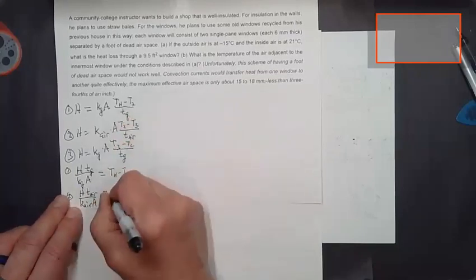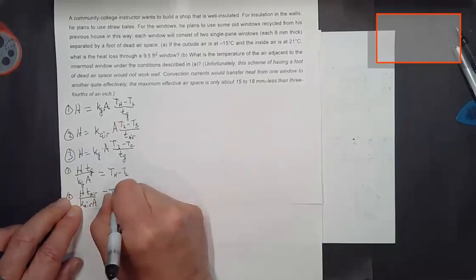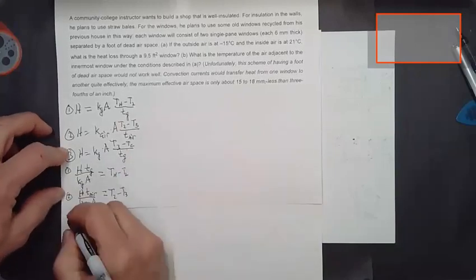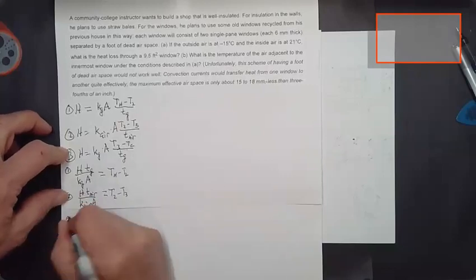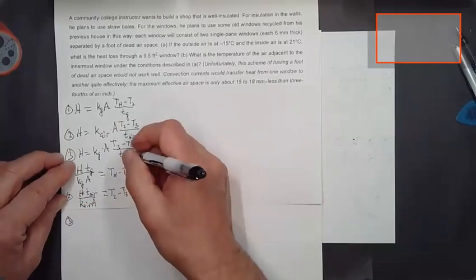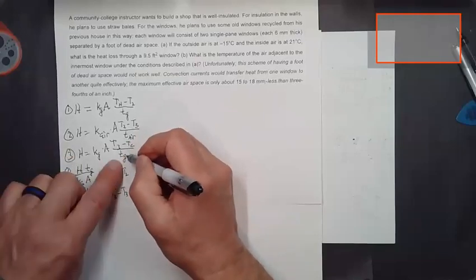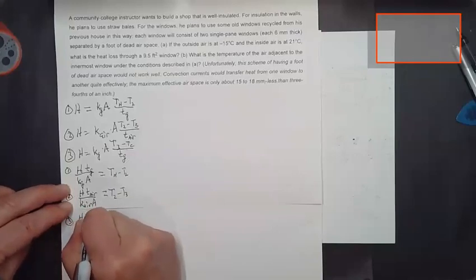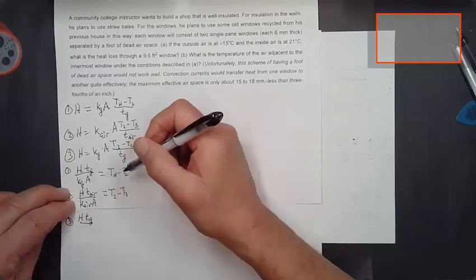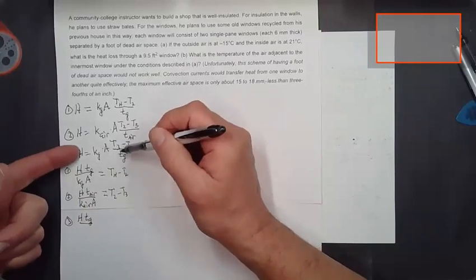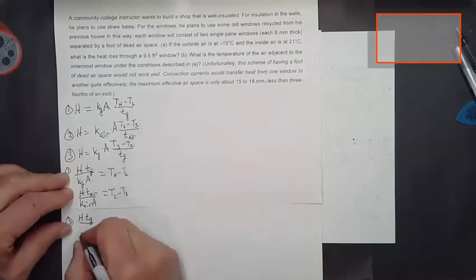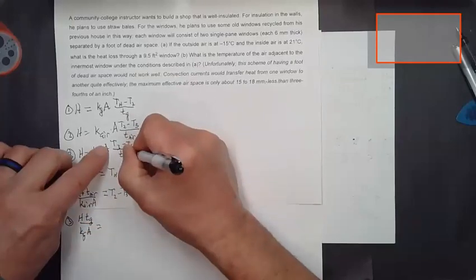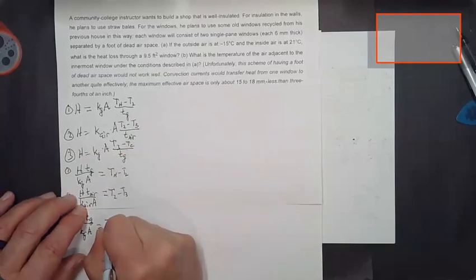And that one will equal T2 minus T3. And then when I do the same thing for this third equation, be careful in the algebra on here, by the way, this is an easy place to make a mistake. Multiply out from underneath by the thickness of the glass again. So I'd have H times the thickness of the glass divided by K sub G times A, and that will equal T3 minus TC.